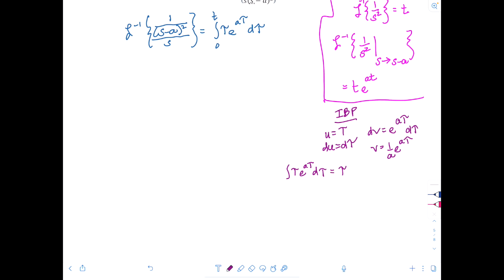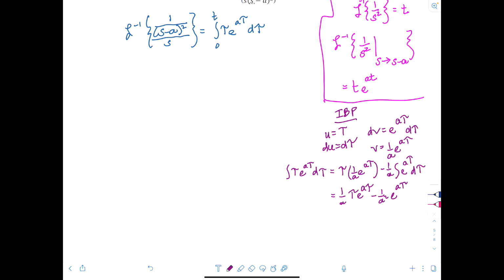So tau times 1 over a e to the a tau minus 1 over a integral e to the a tau d tau, which will end up being 1 over a tau e to the a tau minus 1 over a squared e to the a tau.